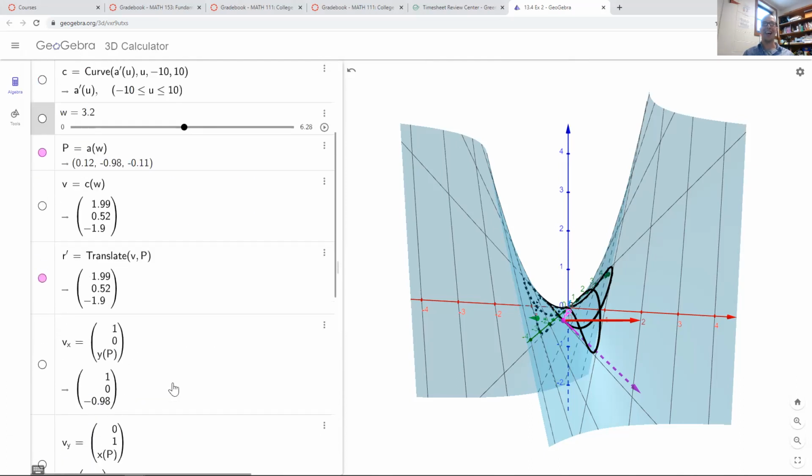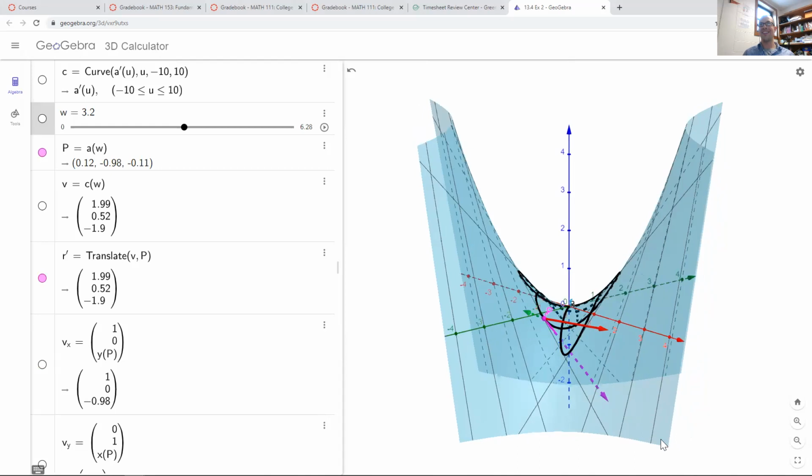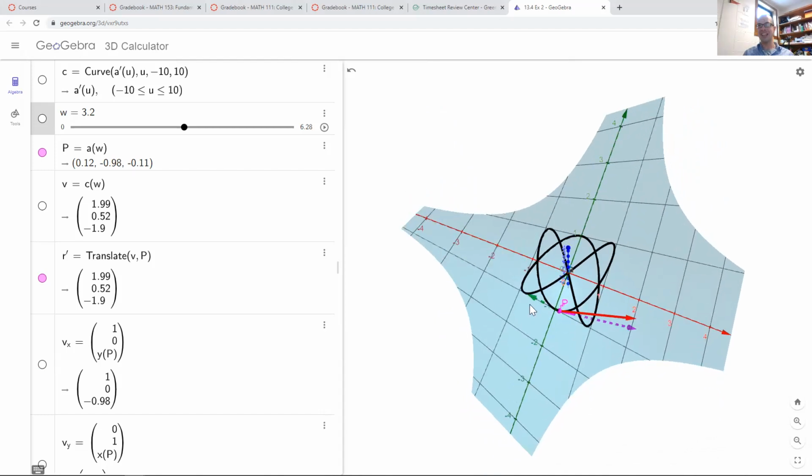Well, what's the z value of our vector here? Negative 1.9 is the z component of our tangent vector. So the z component of the three-dimensional tangent vector is the dot product between the gradient vector and the two-dimensional tangent vector.